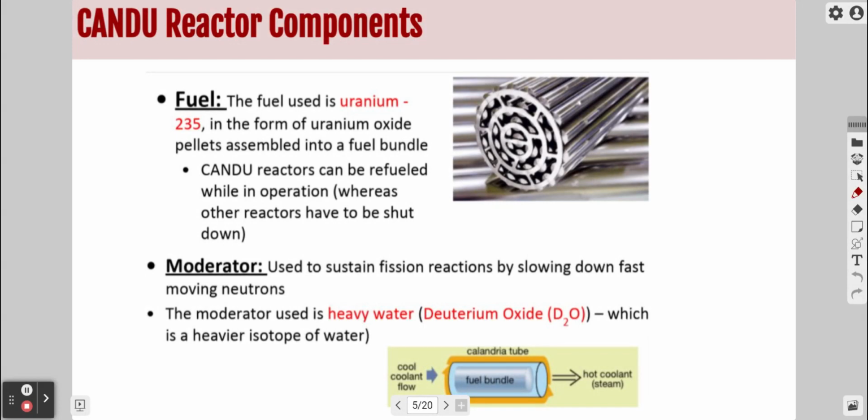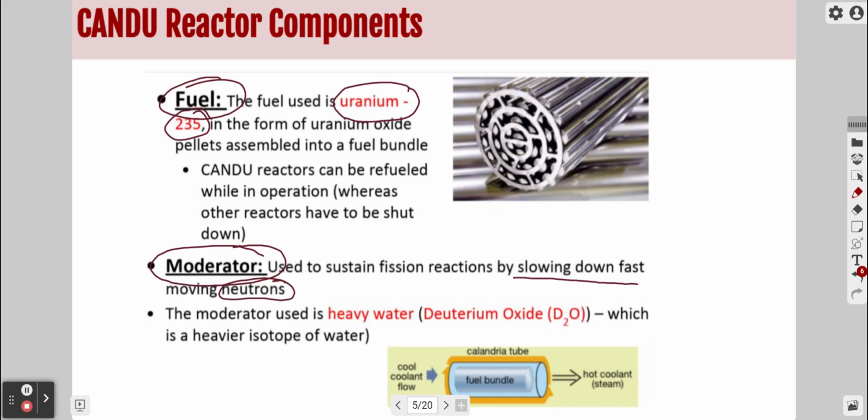There are different components of the reactors that you should understand. There's fuel, in this case uranium-235, and you can see a picture of it here. We have a moderator. You should understand what a moderator is. It's used to slow down the reaction, to slow down the many neutrons that have been released.